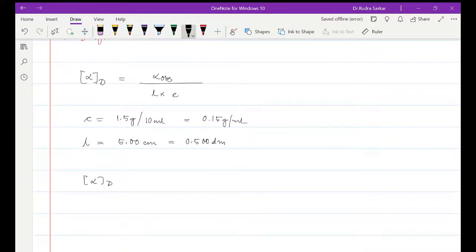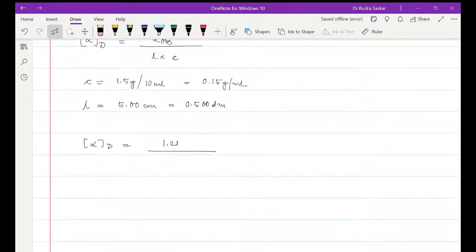Now if we do the math over here, you will get the value in the positive, and that should be coming out to be 1.21 divided by 0.15 divided by 0.5, that is 16.13 degrees.